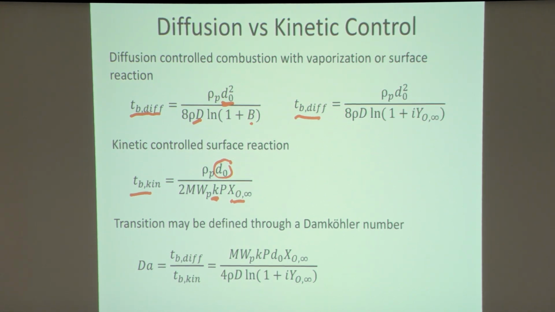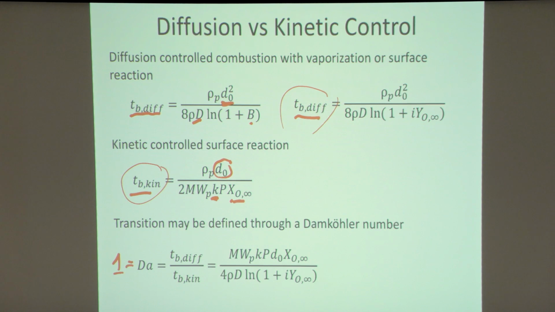If I take the ratio, for example, of this term and this term here, I can define a Damkohler number. And if I set this Damkohler number to unity, then I can use it to see when the system may change from a diffusion-controlled system to a kinetically controlled system.